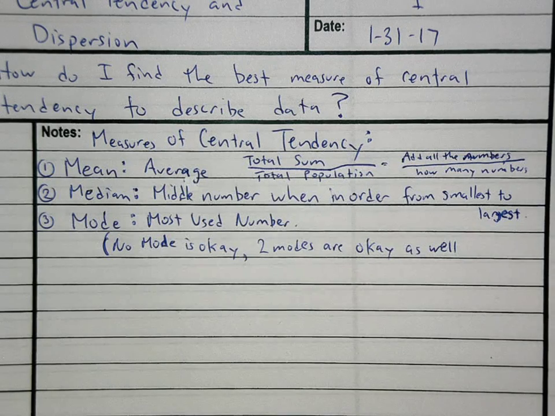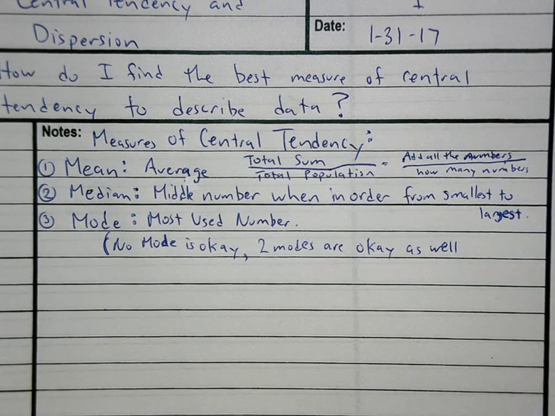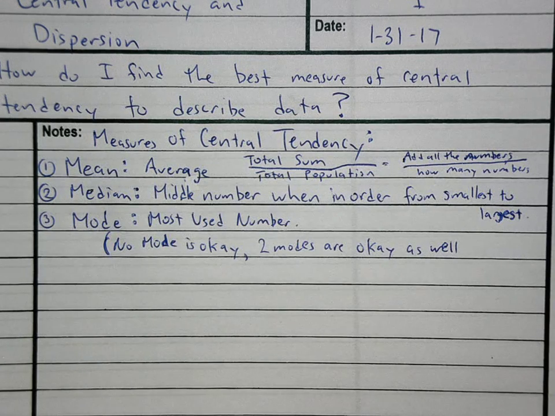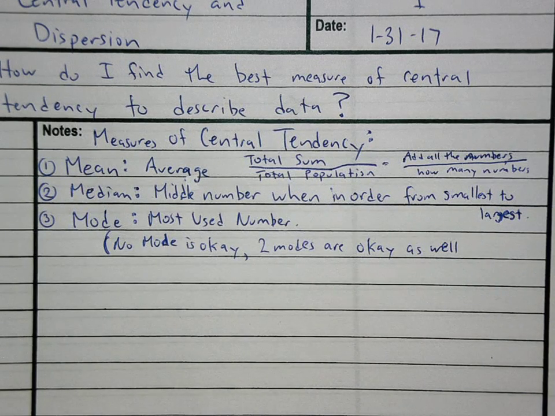Sometimes you might have 2 modes. We call those bimodal. I won't ask you that question. But if you go into statistics after Math 2 or Math 3, you will learn about that as a bimodal graph.